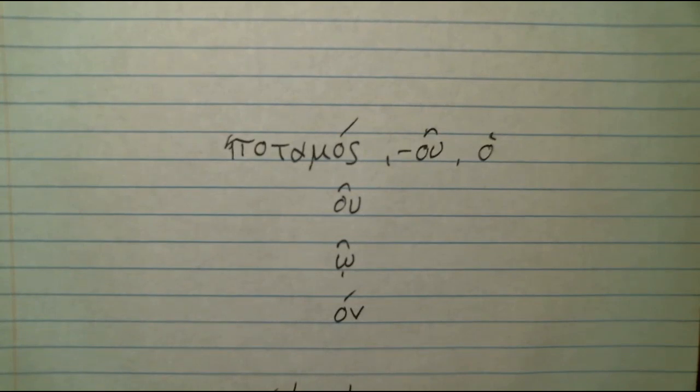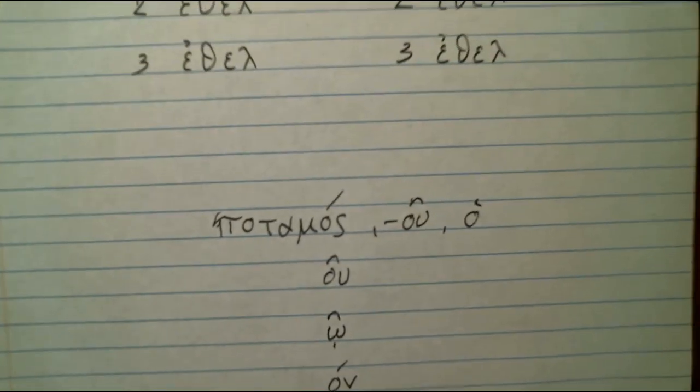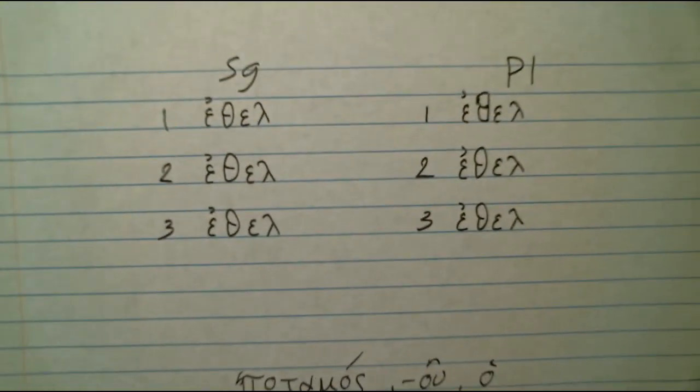Okay? So, verbs, the accent will never be on the final syllable, except for a verb like eimi, which means I am, which is irregular, you could say, just like in English. I am, you are, he is.